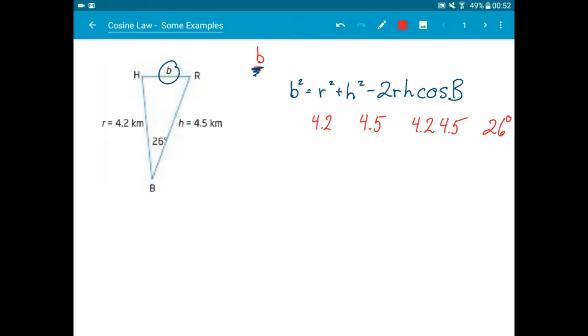I know this looks funny, but I'm just trying to use my red so it looks sensible when we're done. This is going to be 4.2 squared plus 4.5 squared minus 2 times all of this stuff, cosine 26 degrees. Now we just have some calculations to do. So let's do 4.2 and 4.5 squared.